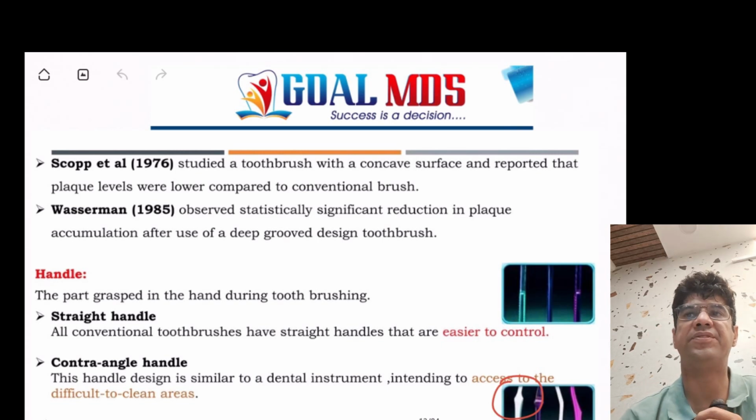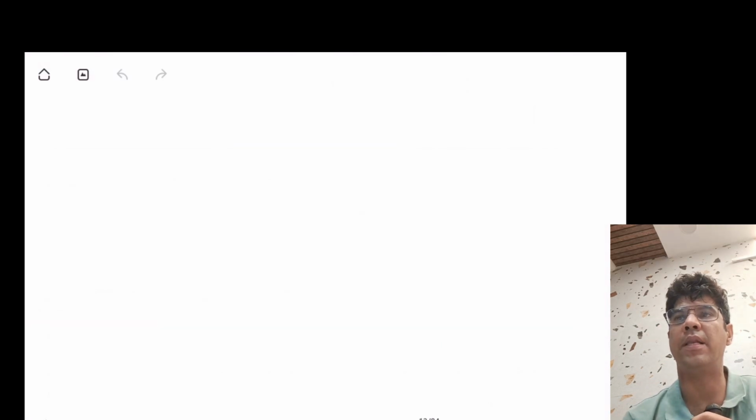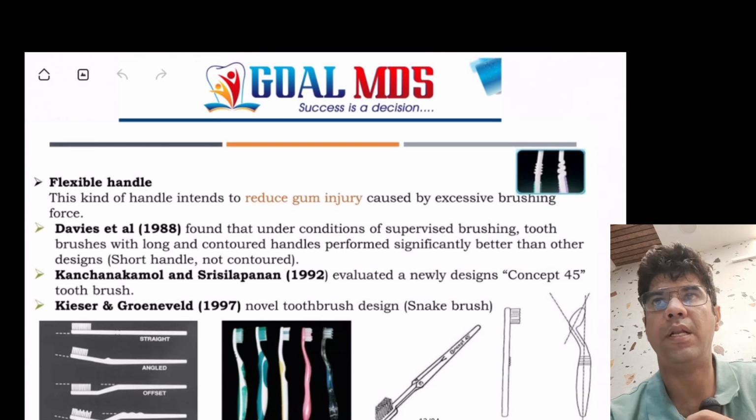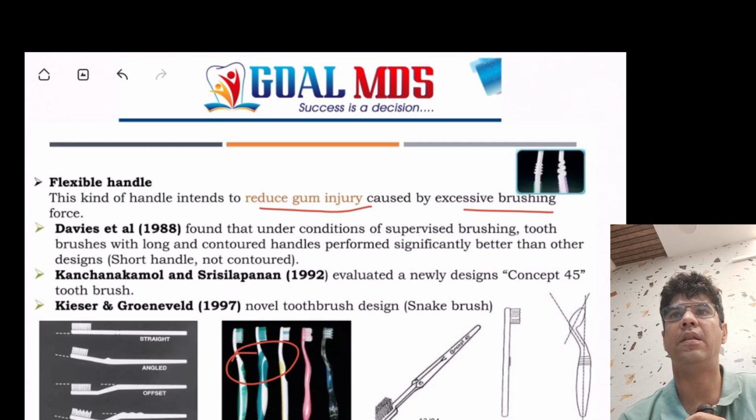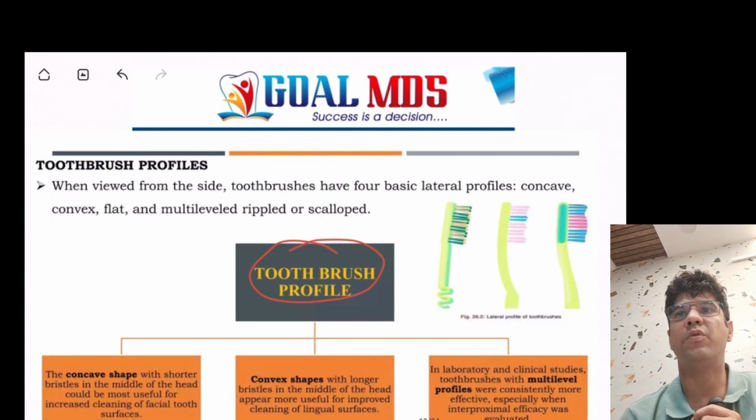The handle can be a straight handle or a quadrangle handle. It can also be a flexible handle. The flexible handle reduces gum injury from excessive brushing force. Now the toothbrush profile can be concave, convex or multi-level.